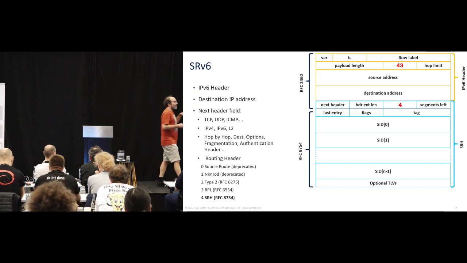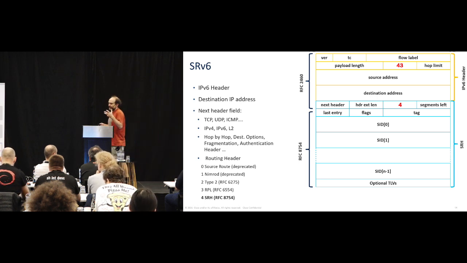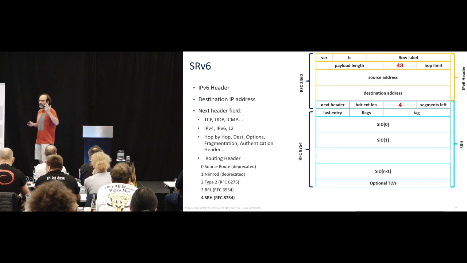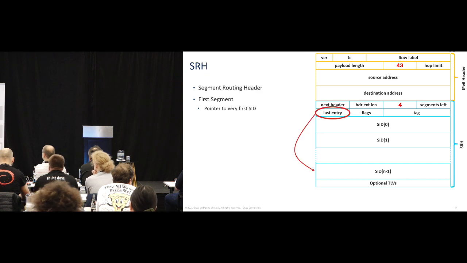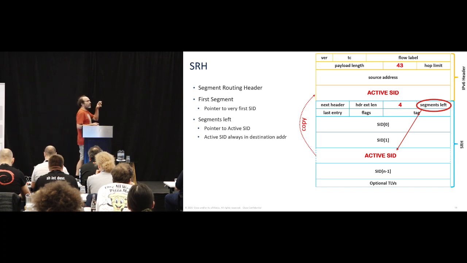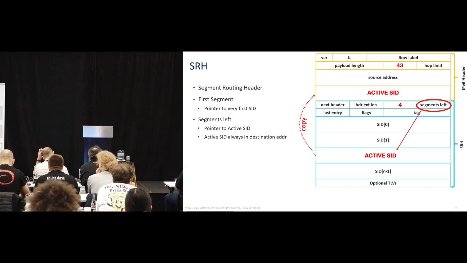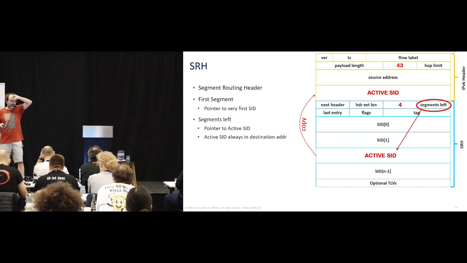Then there are a couple of additional fields, and one of them is called segments left. I personally don't like that name because it's misleading. I would rather call it active segment, because that field is actually a pointer to the SID in the SID list which is active. And active means that SID is always copied into the destination address of the outer IPv6 header, right?